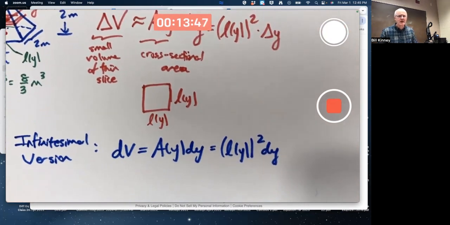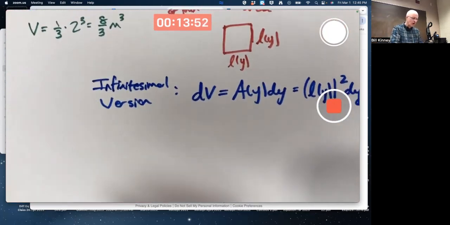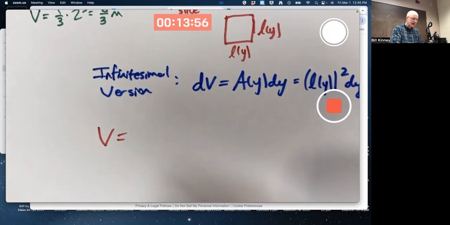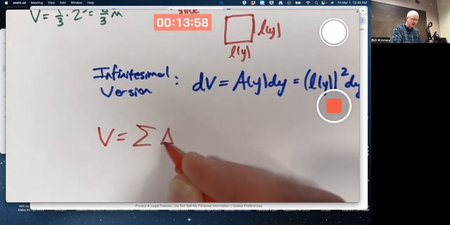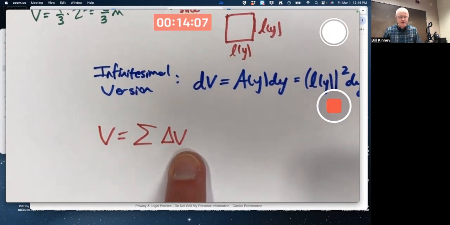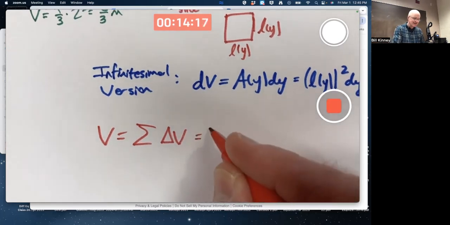I haven't written down a Riemann sum yet. Let's do that next. The total volume, V, you could say equals the sum of the little volumes. I could write the summation of the delta V's without bothering to write i goes from 1 to n, without bothering to write a subscript of i there. I mean, I could, just feeling like being lazy here, because we're just trying to get to the integral, trying to understand the concept.